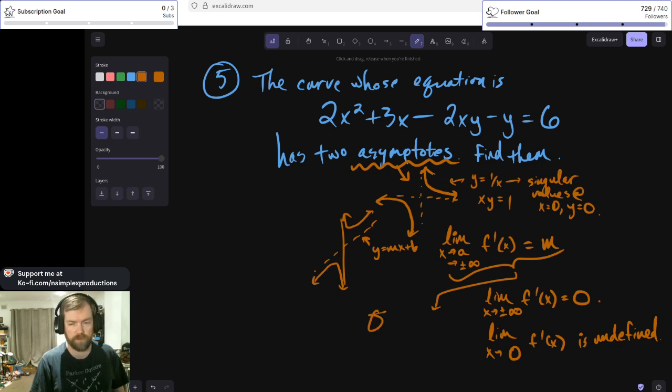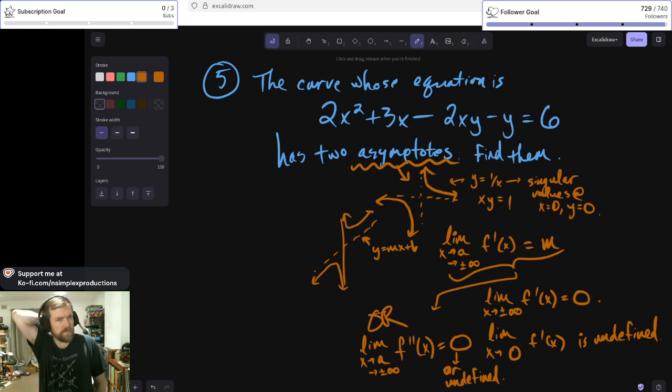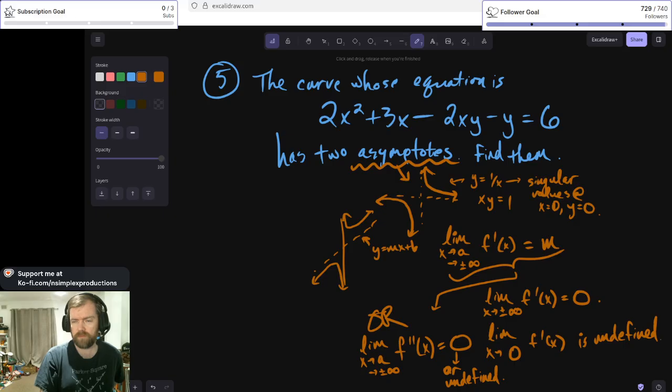The other option is that the limit at that particular point, x going to a or going to plus or minus infinity, is going to be taken on the second derivative of that function, and we're looking for the zeros or undefined values.